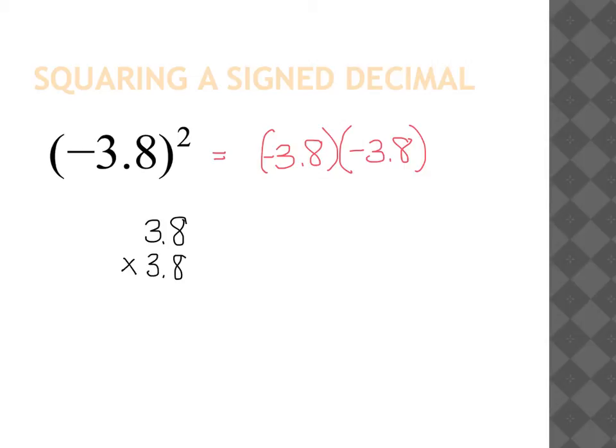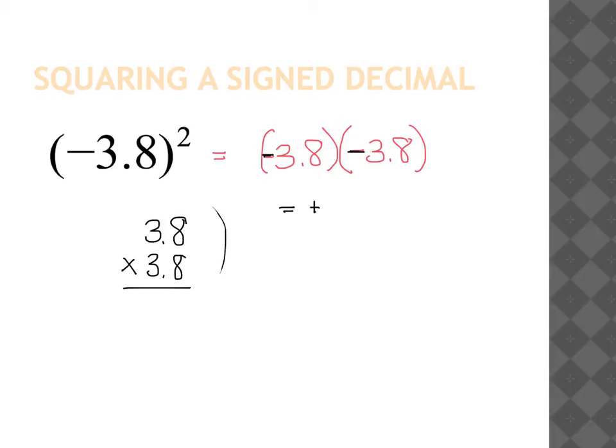Notice that I actually don't include the signs when I do the multiplication. What I want to do is ask myself, when I take a negative and multiply it by a negative, what will the result be? And in this case, because I have a negative times a negative, the result is going to be a positive answer.